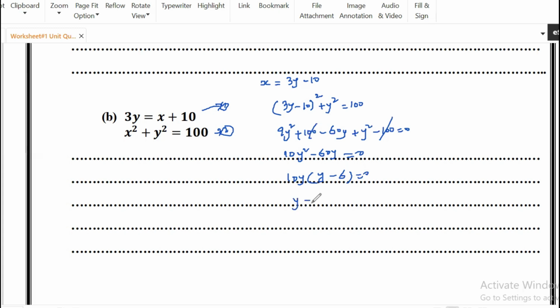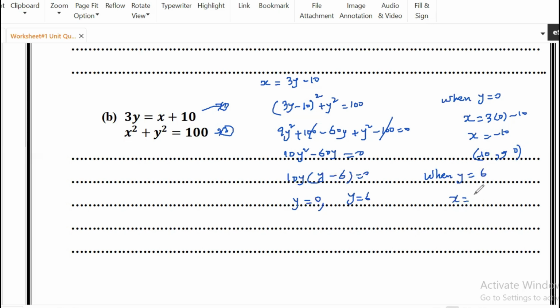So we just take the 10y common, and then it becomes y minus 6 is equal to 0. So here we have y is equal to 0 or y is equal to 6. So when y is equal to 0, what is the value of x? x is equal to 3 into 0 minus 10. So x is equal to minus 10, means minus 10 comma 0. When y is equal to 6, what is the value of x?